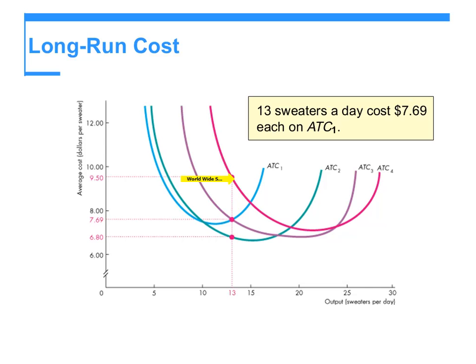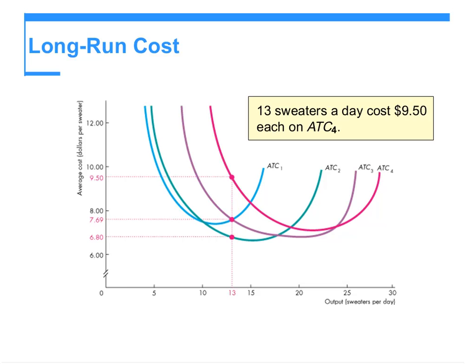So which one are you supposed to take? As you can see, 13 sweaters a day cost 6.80 each on ATC, which is with 2 knitting machines. With 2 knitting machines, we have the least ATC. So that shows that most probably that is the right choice for us.